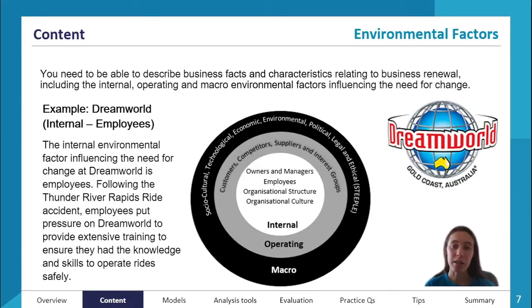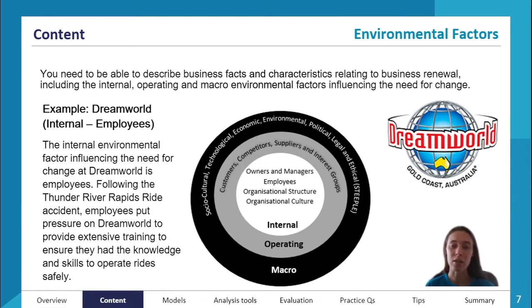So we've got some examples here. We can start with internal. So think of this as like a building or a house of some sort. Your owners, your managers, your employees are all on the inside, and so is the structure of the building and the culture within that environment. It's all internal in the business, all inside that building.